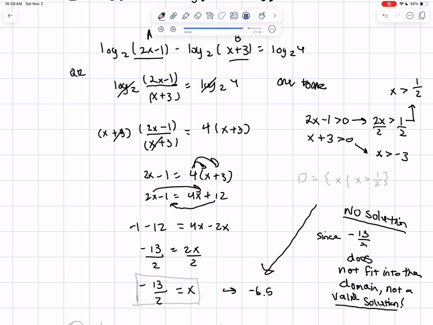So in this case, the answer is technically not valid because it does not satisfy the requirement for the logarithmic expression. The one that is more restrictive is going to be the 1/2. So this is why our domain for this one has to be the 1/2.